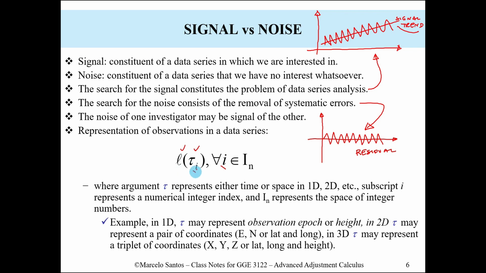So, for example, in 1 dimension, tau may represent observation epoch or height. In 2 dimensions, tau may represent a pair of coordinates, like eastern and northern or lat and long, and in 3 dimensions, tau may represent a triplet of coordinates, either the x, y, z Cartesian geocentric coordinates, or latitude, longitude, and height of a point.